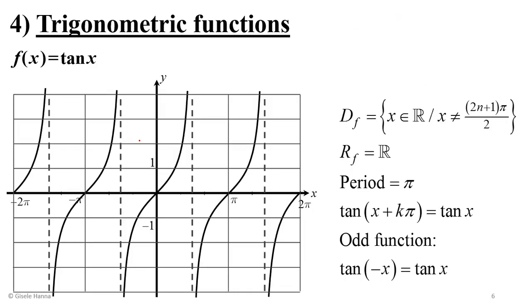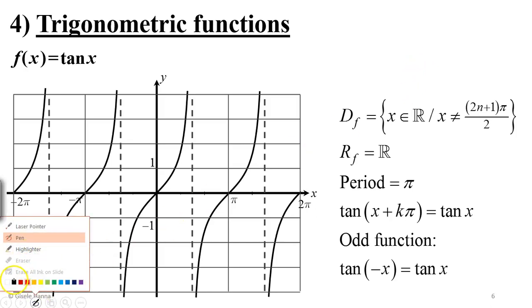Now, one last function that we need to discuss here is y equals tan x. Now, over here, if you look at the domain of the function, it says it's all real numbers except angles in the form (2n plus 1) pi over 2. Now, why is that?